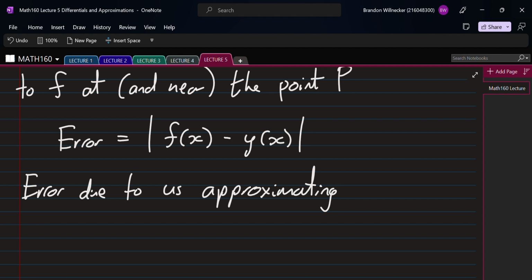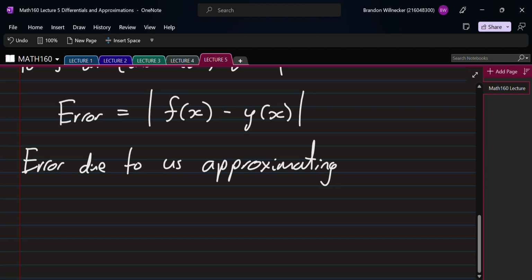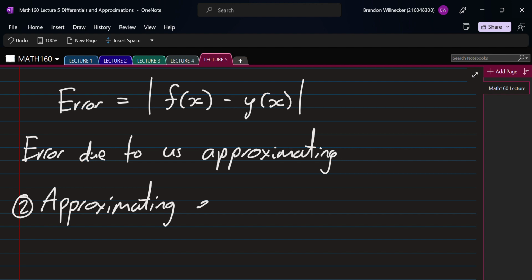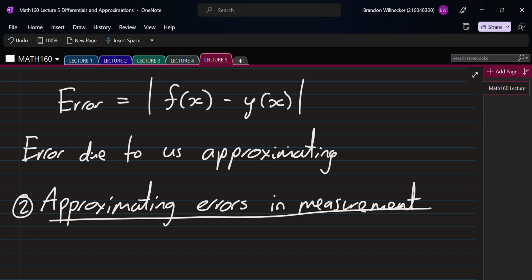The second thing is approximating errors in measurements. What do I mean by that?